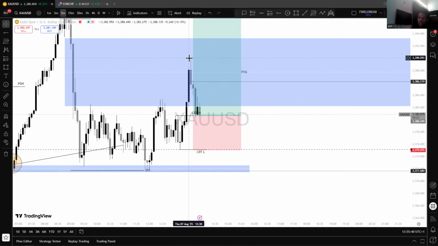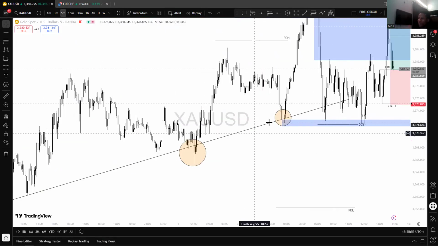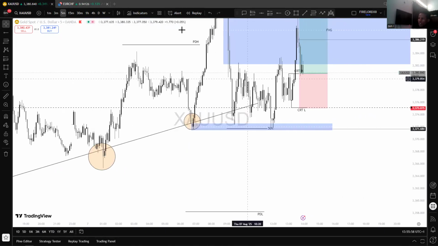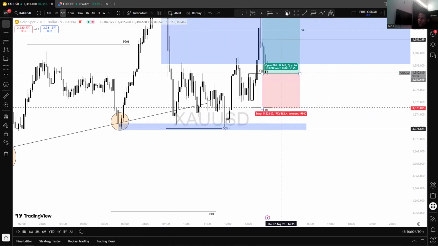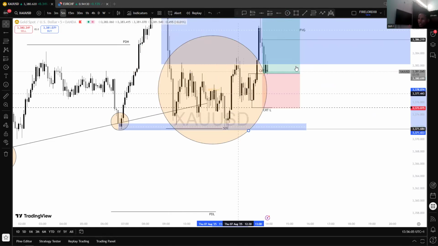I was looking at this fair value gap earlier today, and I was like, something might happen from this fair value gap. But due to the fact that we didn't get a change in this trend before this section of drama started to happen, I call this section of drama.